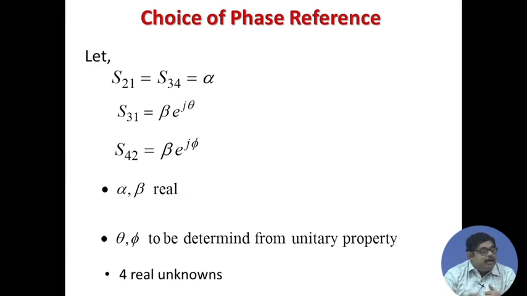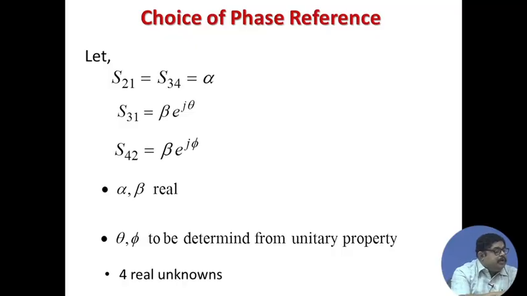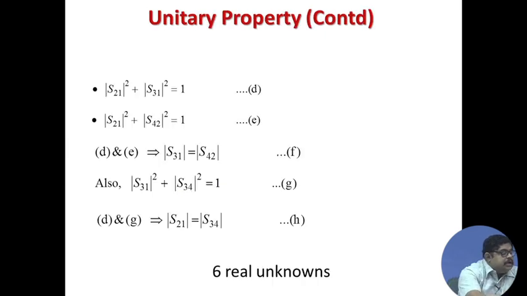So, that is why these two we have made alpha, but S31 I cannot choose arbitrarily, because I have taken S21 as alpha, then S31 should have some phase, and also S31 is different from S21. So, S31 I am taking the magnitude as beta, a real quantity, and phase is theta, another real quantity, in angle. And S42 will be beta, because S31 magnitude and S42 magnitude are the same.